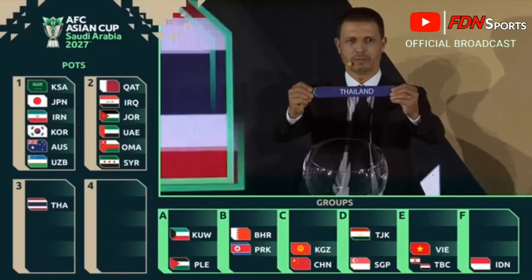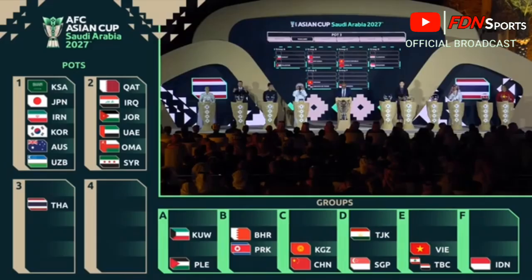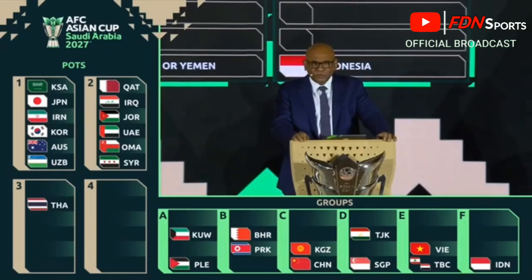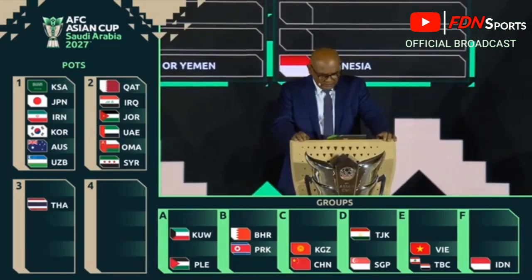Thailand. Thailand qualified in a dramatic fashion, scored in the 89th minute, winner in their final qualifier to progress to Saudi Arabia. Best finish was third in 1972 on their debut, but hadn't reached knockout stage again until 2019 and again in 2023.